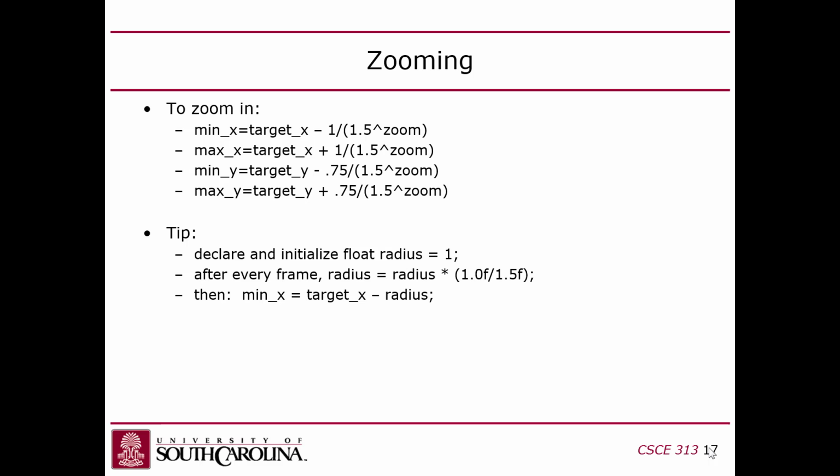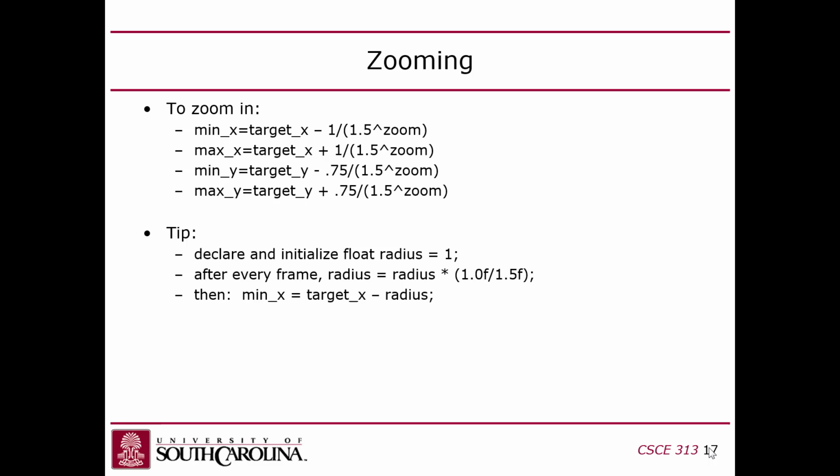Actually, the way that a lot of students do this though is instead of running the power function, I think it's a little bit easier, or probably maybe even a little bit more readable. If you have a variable called radius that gets initialized to 1, and then every time you get done with a frame, you multiply radius times 1 over 1.5.